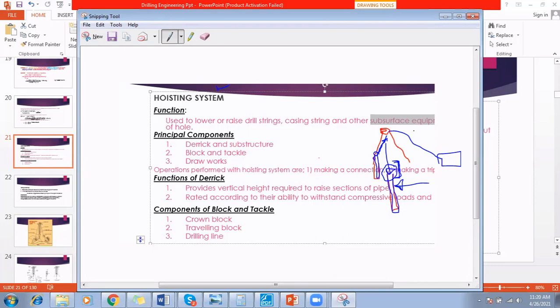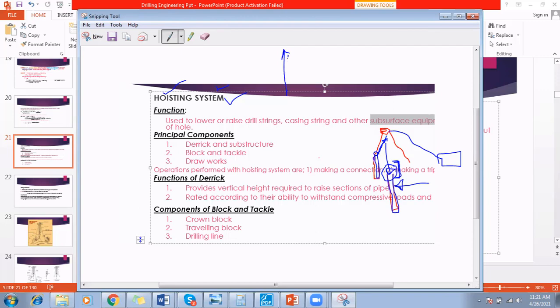So where exactly is the hoisting system? Here the hoisting system is actually the raising and the lowering of this drill pipe. This activity is the hoisting system, and this term is used, I think you have heard, on the 23rd March celebration, where they speak about the hoisting of the flag. Hoisting of the flag is the moving of the flag upward.